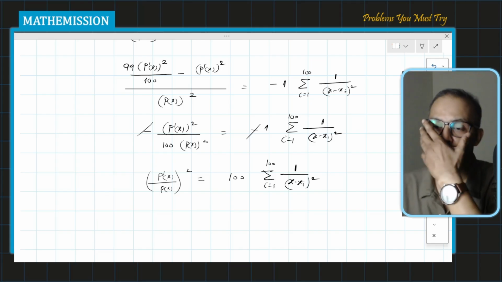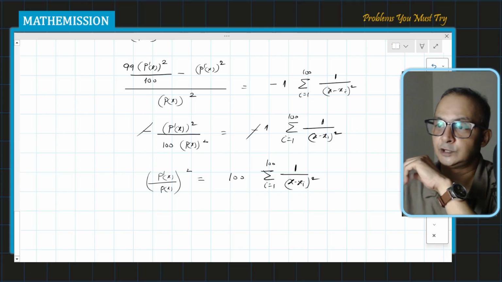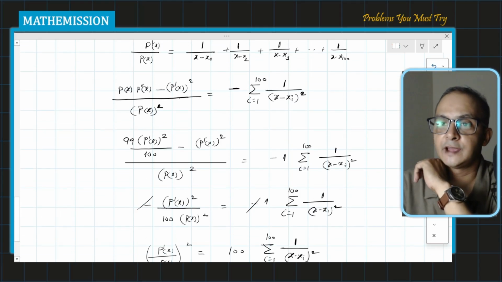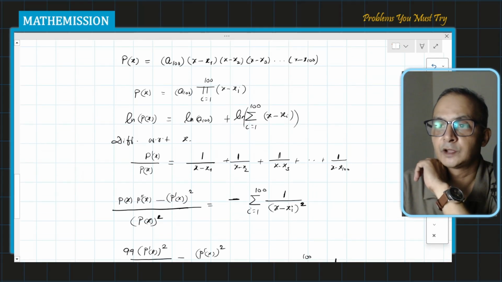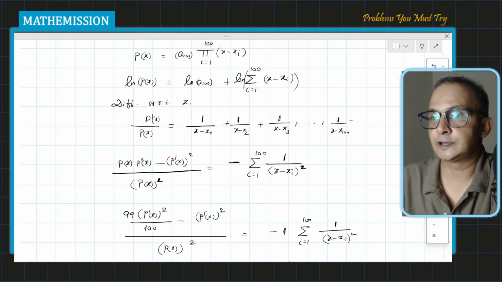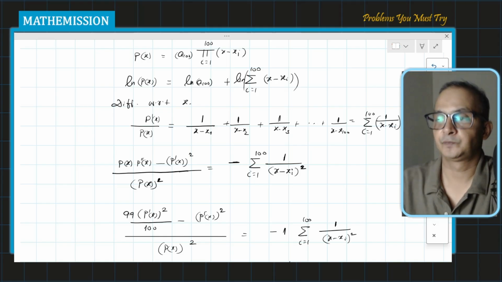Now this quantity we have already seen somewhere. So I can again rearrange and write summation i goes from 1 to 100 of 1 by (x minus xi), correct?